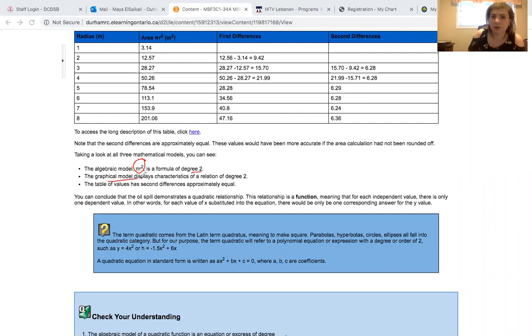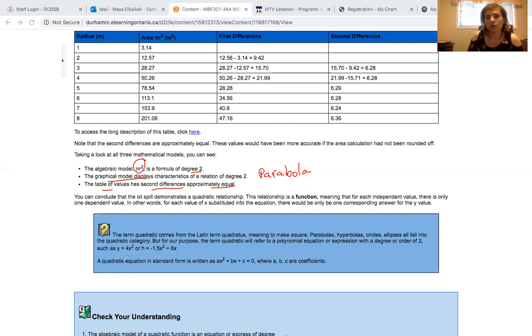The graphical model displays a characteristic of a relation of degree 2. Remember, we said it's a parabola shape. And then the table of values has a second difference of approximately equal. Okay, this is what we're looking for. So remember, degree 2 if it is an equation, parabola, and if it's the second difference has to be constant.